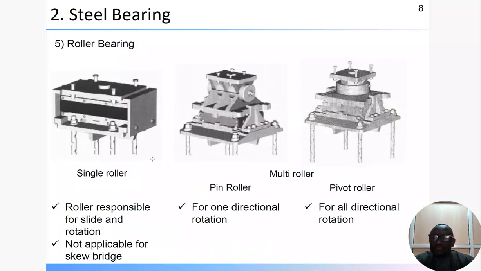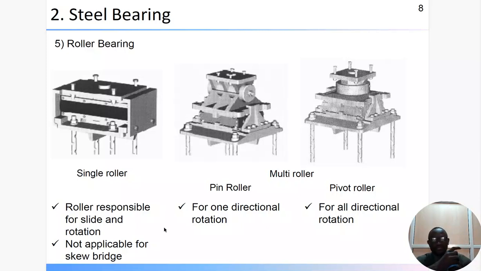Then we have roller types. You always hear lecturers giving you pin roller. So this is how the whole thing is: single roller, pin roller, multi-roller, pivot roller. Roller responsible for slide and rotation, not applicable for skew bridges. So you need to understand how skew bridges work.